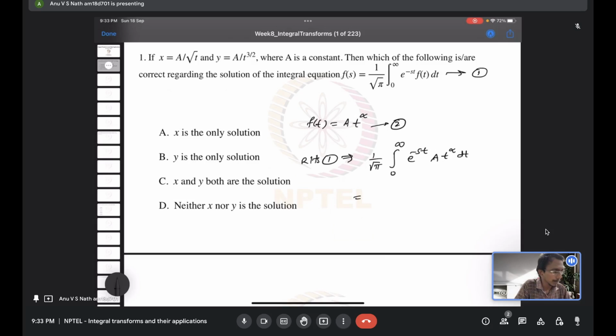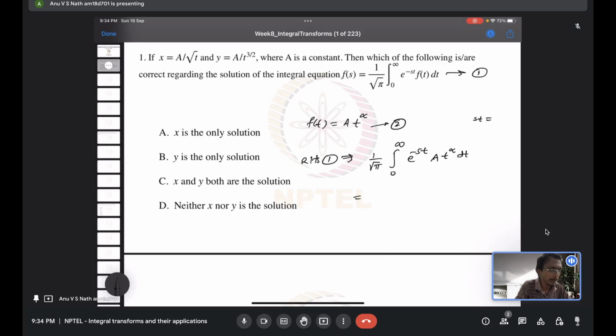Now a is some arbitrary constant, so we will take the constant outside. Also, we can do one thing. This is actually the Laplace transform, so you may already know the solution, which is the Laplace transform of t raised to alpha. But still you can convert it to a non-integral form, which is a gamma function.